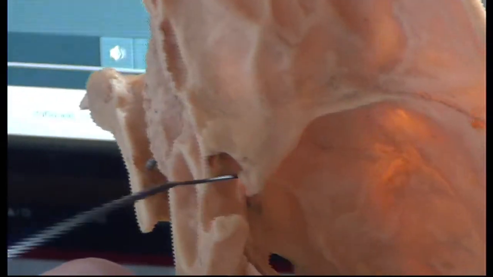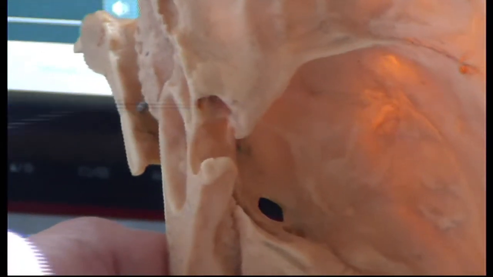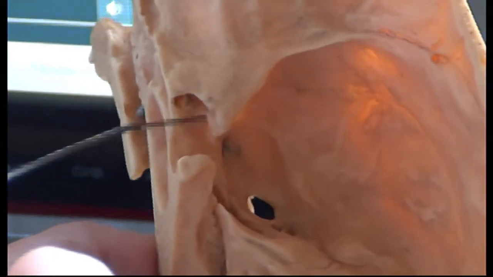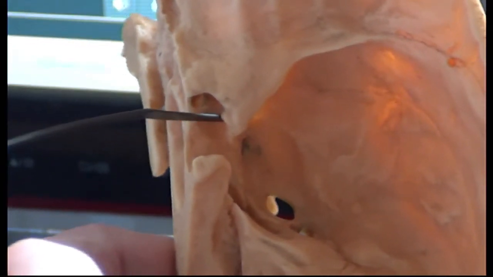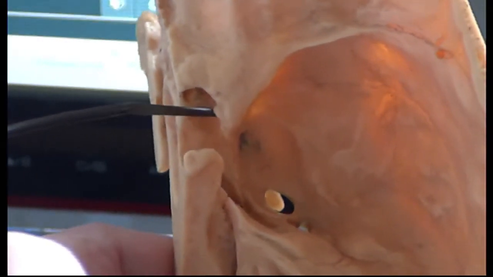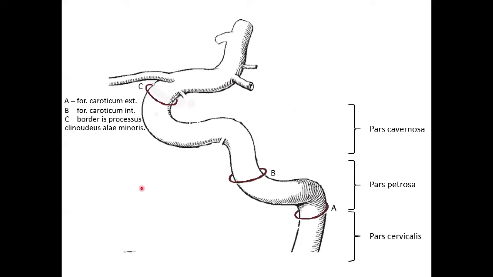So when the artery contacts the processus clinoideus posterior, we can say that pars cavernosa of arteria carotis interna is finished. And let's return. Then more superiorly will be pars cerebralis.